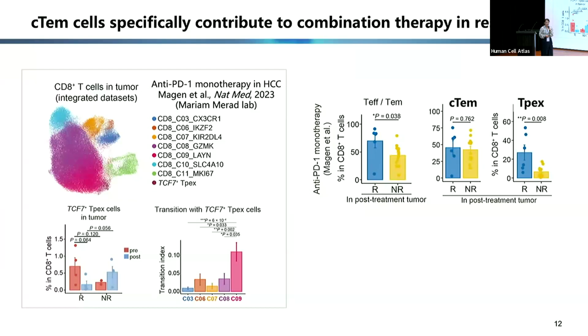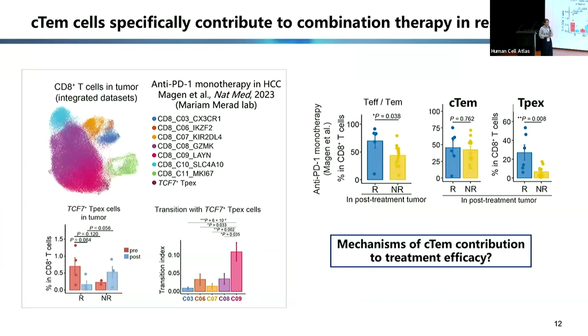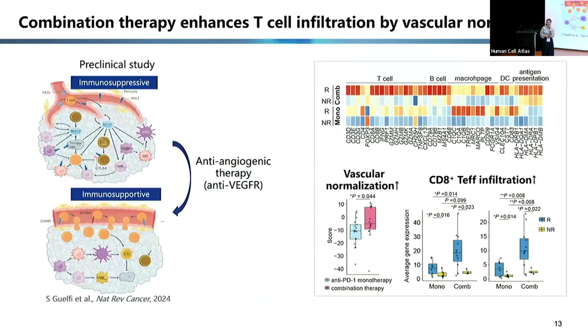So we asked how this could happen. To answer the question, we went back to the preclinical data for the anti-angiogenesis treatment. Before the treatment, the vascular network in the microenvironment is abnormal, which causes an immunosuppressive microenvironment.